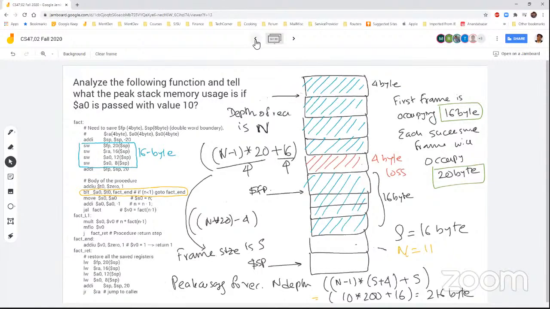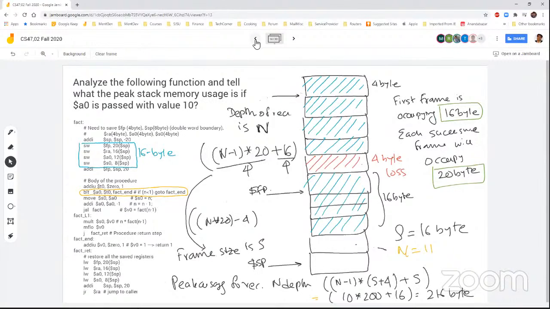So that's what we are discussing, that if in general I have a recursion depth of n, the very first frame gives me the size, the 16, and then successive ones will be that size plus 4. That means we have to deal with n minus 1 number of frames there. So that would be the generic formula for you guys.